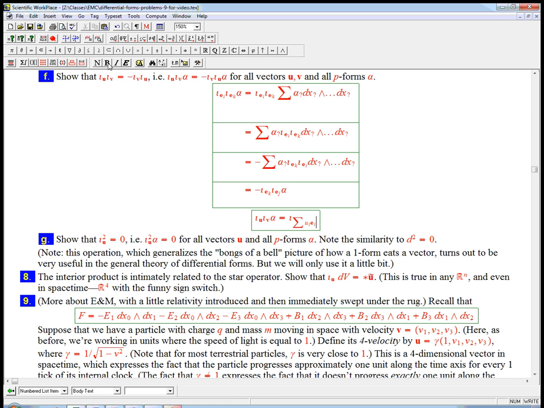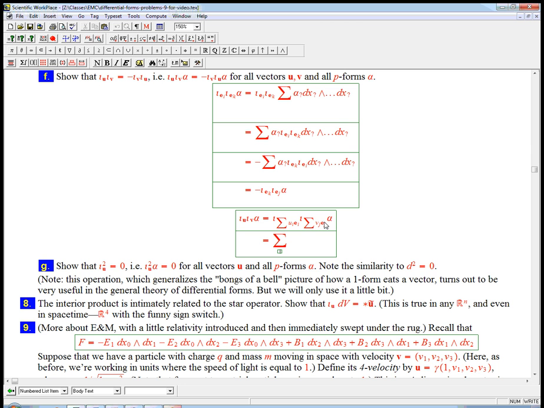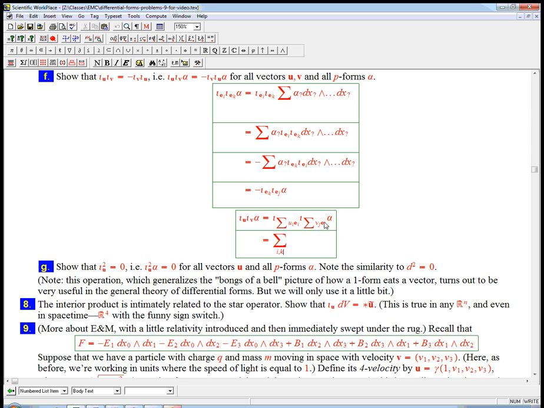And then this is going to be iota of the same thing, but I'm just going to put in v_j e_j, all acting on alpha. So that's just going to be a big double summation over i and j. Oh, actually k. I've been using k here because I've reserved the j's for other purposes. Of exactly these guys.